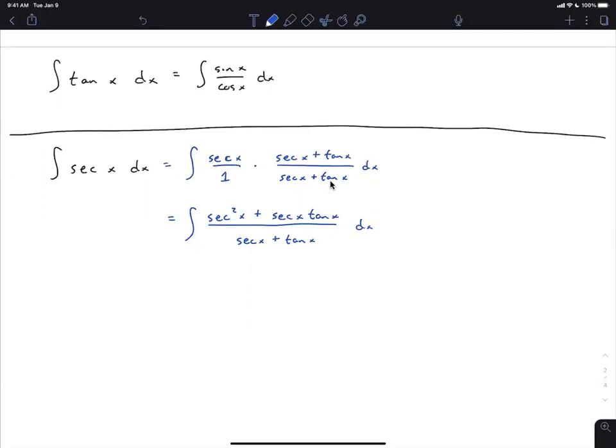What do you guys think? Any ideas? So it's actually easy from here. It's maybe hard to see it, but it's easy from here. So there's something easy I can do to do this integral.